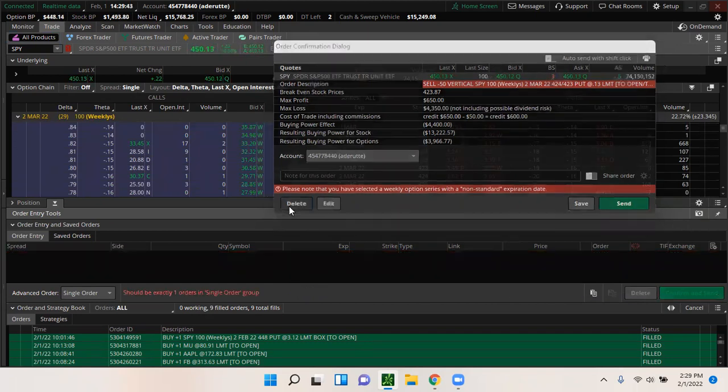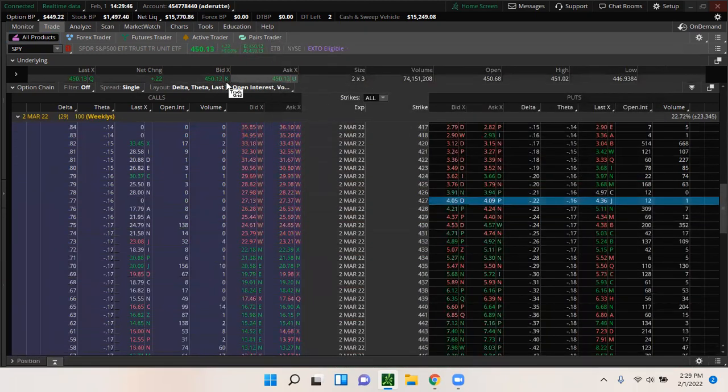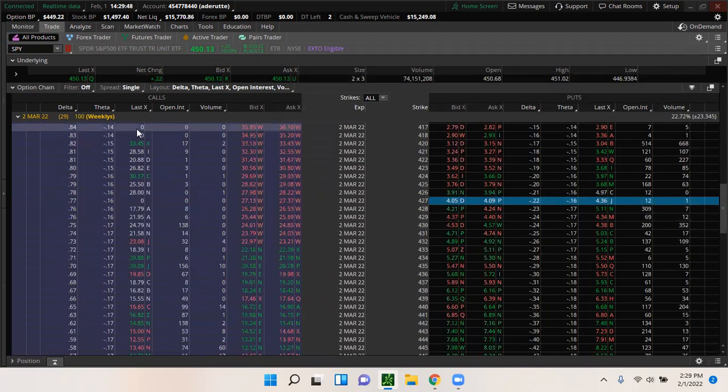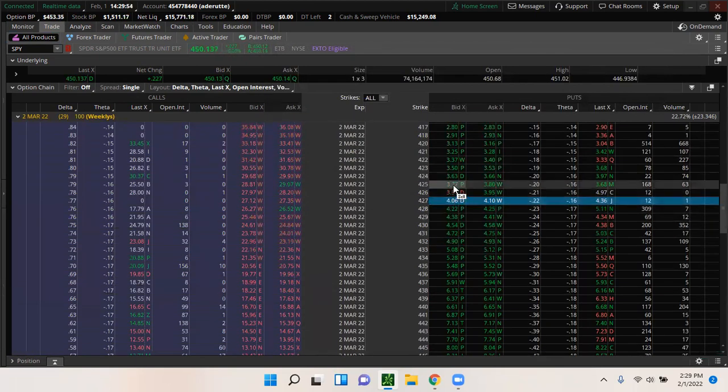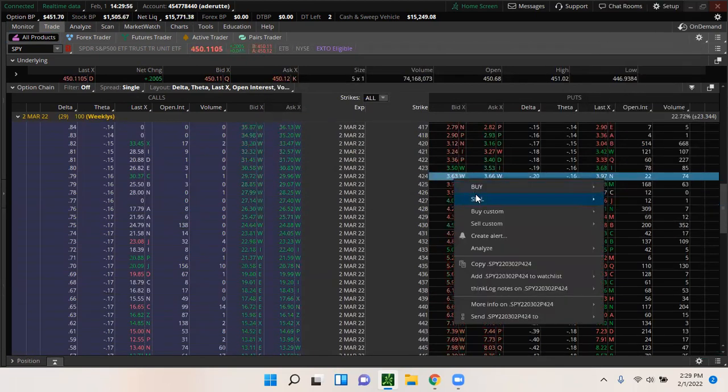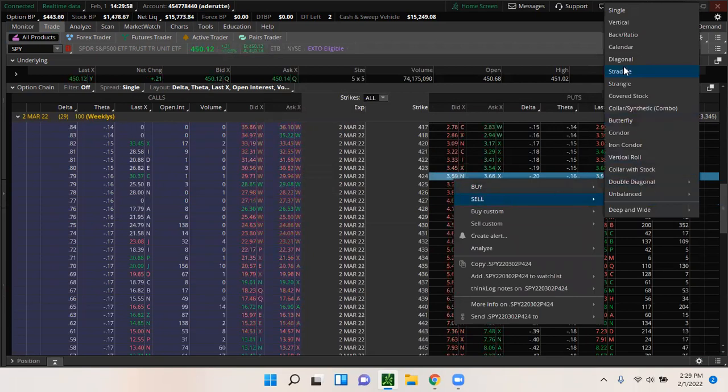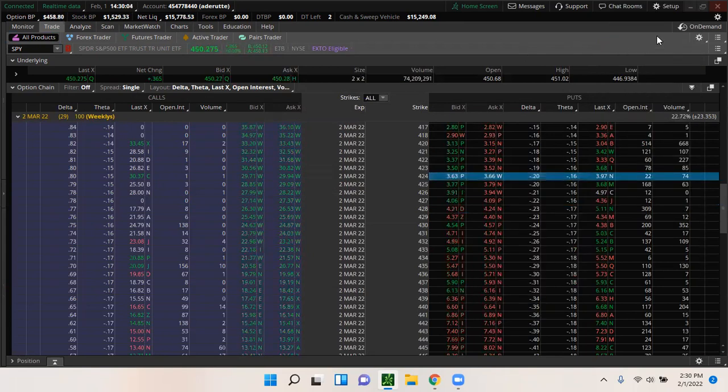So that's pretty good. So let's look at the possible scenarios that can happen with 424, 423. So I'm going to do the same vertical that we were just looking at. Okay.